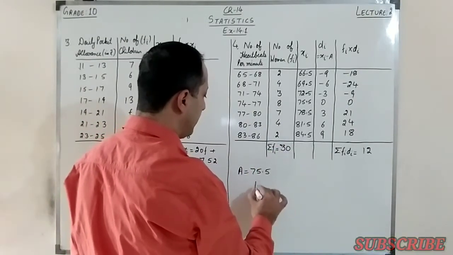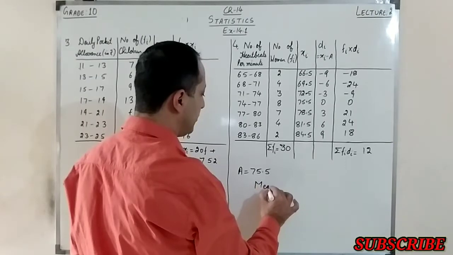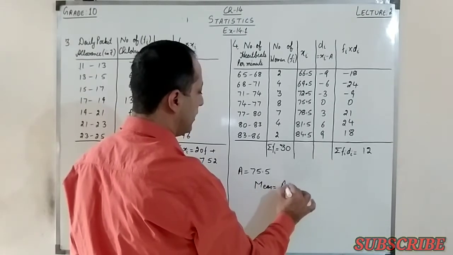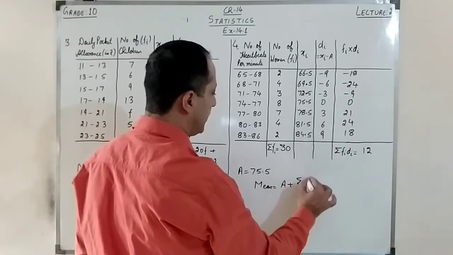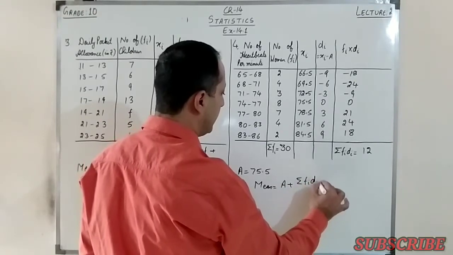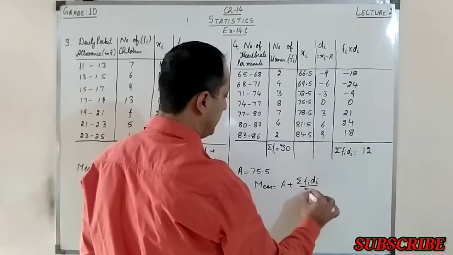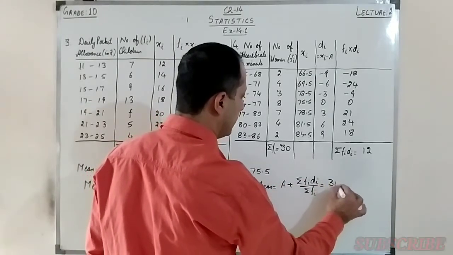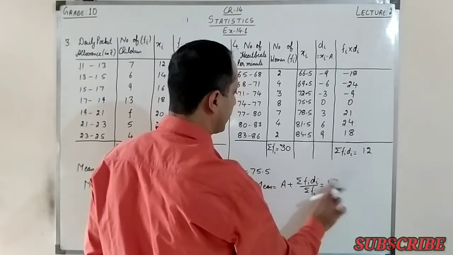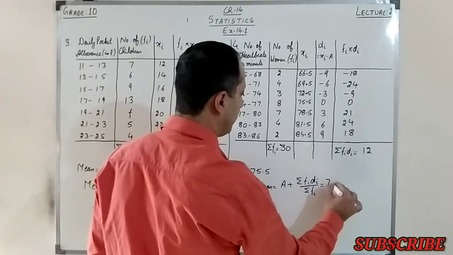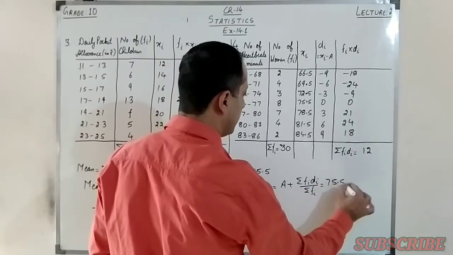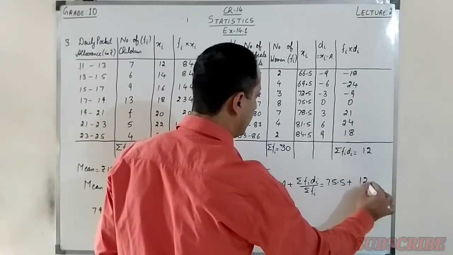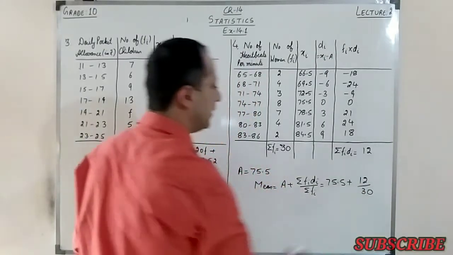Now we find the mean. The formula to find the mean using the assumed mean method is a plus summation fi di upon summation fi. Substitute the values: 75.5 plus 12 upon 30.